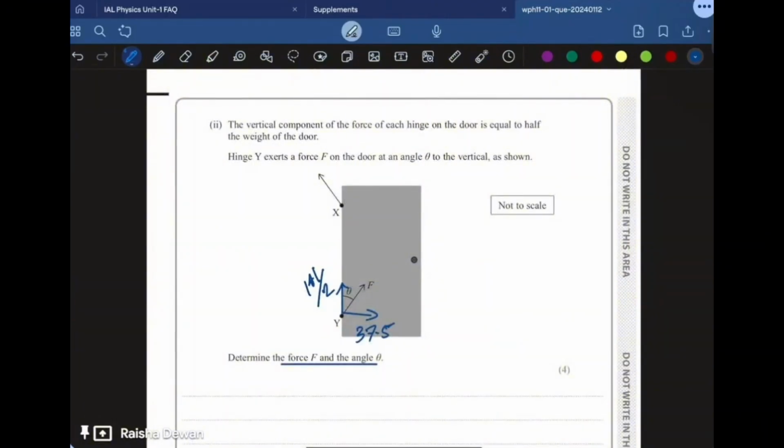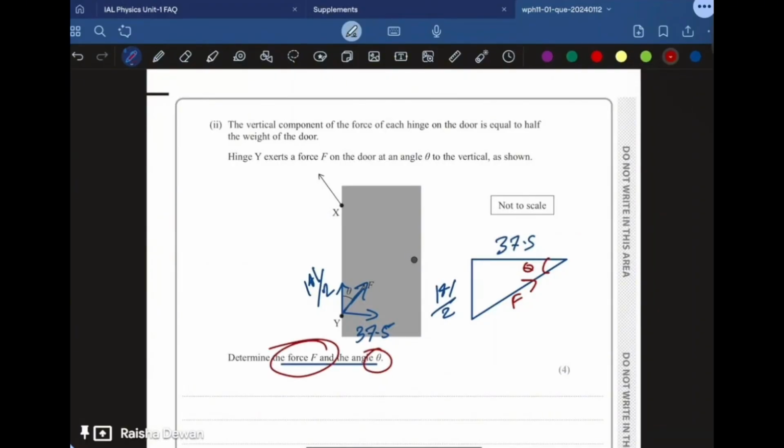Now we just need to figure out this force F. So if we draw a triangle like this, the horizontal component is 37.5, the vertical component is 141/2. Now you just need to figure out this force F and the angle theta.